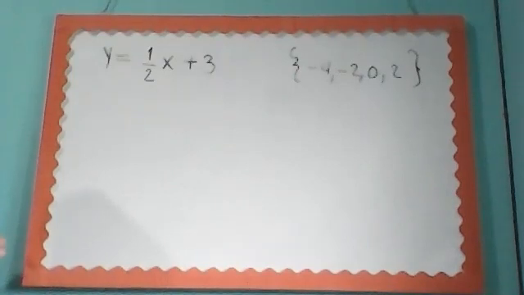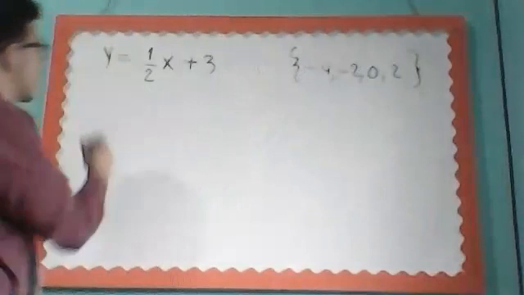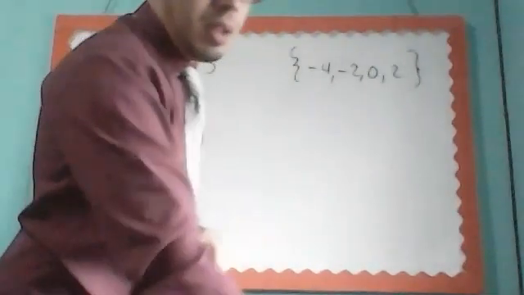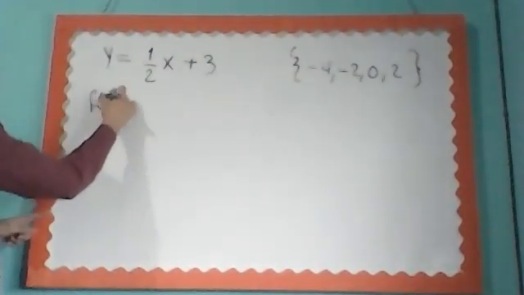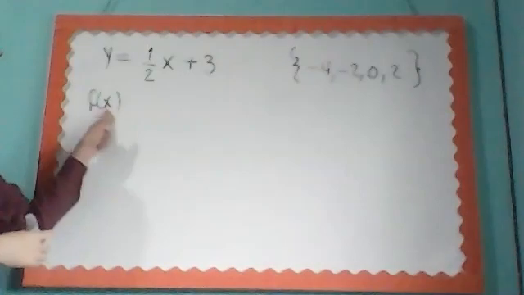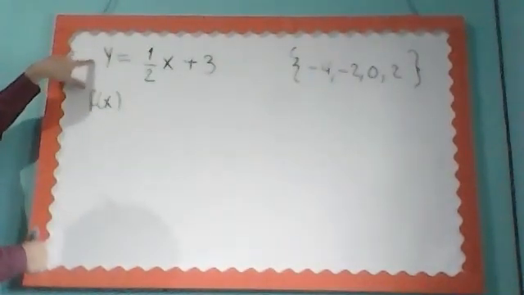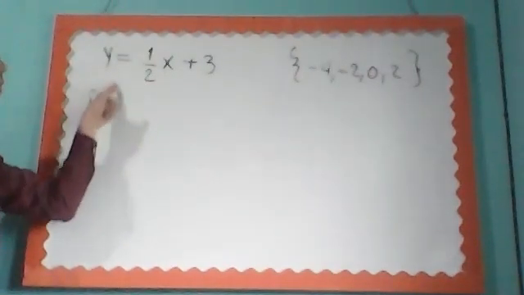So if we try with the first value, it is going to be -4. So you replace. Remember about this: you have f of x equals this function. It's the same as if I have the letter y. I'm writing this because I need you to remember about the function, okay?